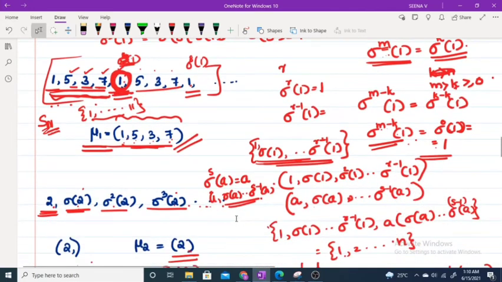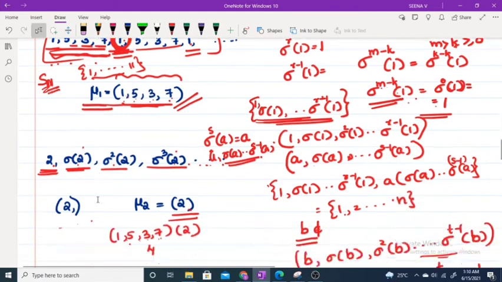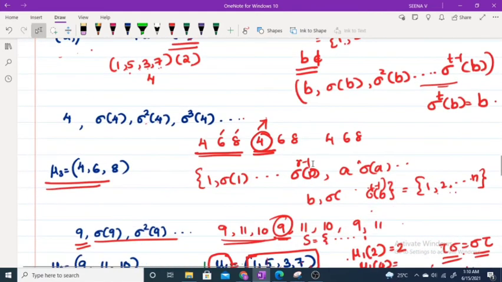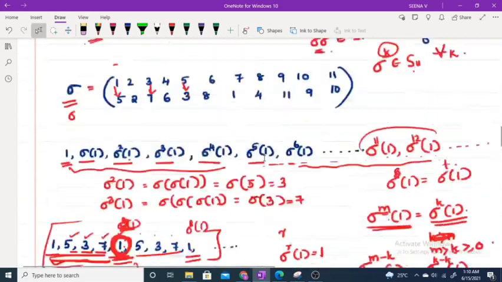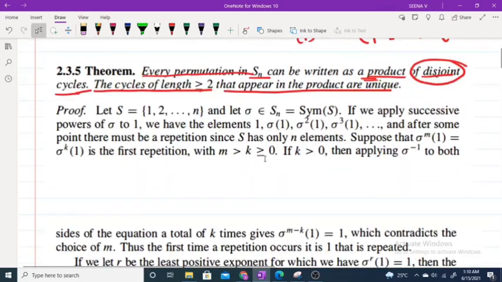Then choose an element A that is not in this set but is in the set 1 to n. Then choose B and proceed like this, and finally we exhaust because the set 1 to n is a finite set. So we are doing this in our proof.